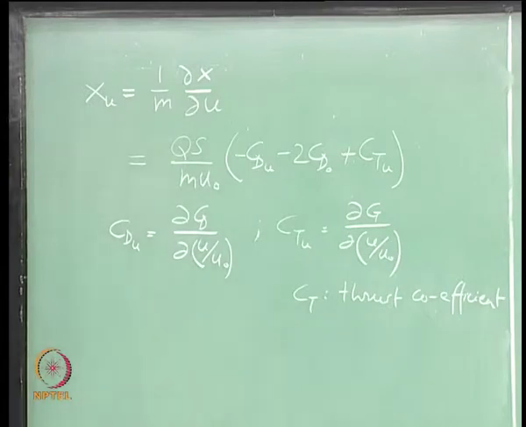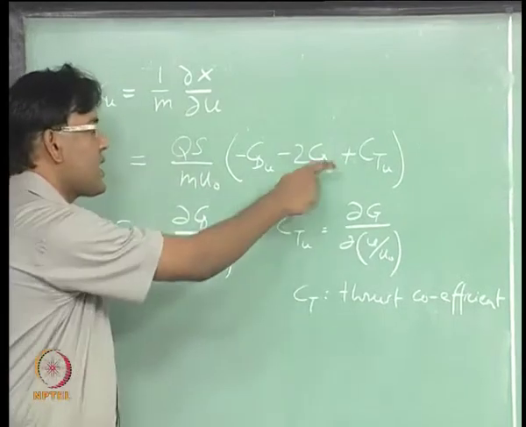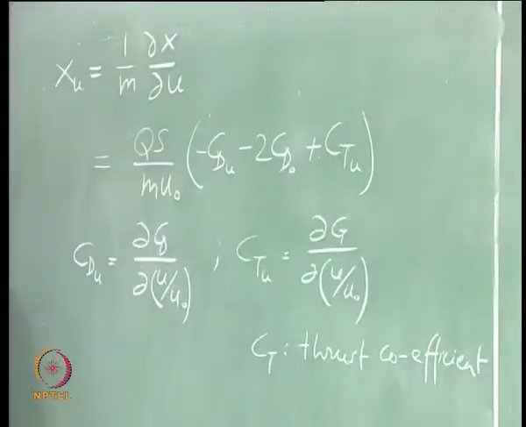Okay. CTu is actually 0 for an aircraft powered by jet engines, right. We do not have thrust changing much with forward speed.